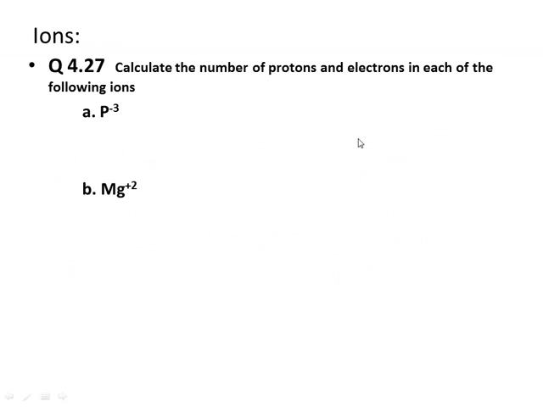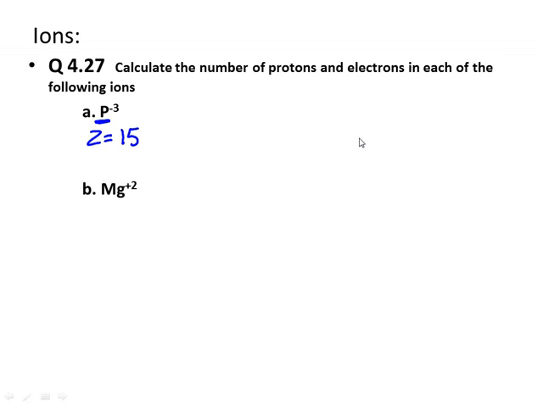Okay, let's move on. Now it's asking us to do the opposite. Given the ion, can we come up with the number of protons and electrons in each of these ions? So the process is exactly the same, instead it's in reverse order. Number one, phosphorus. If phosphorus is the ion that we're talking about, in other words, Z is equal to 15.